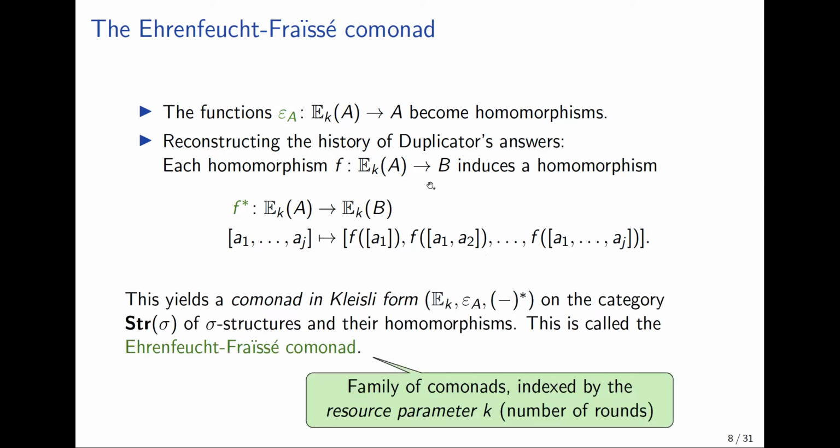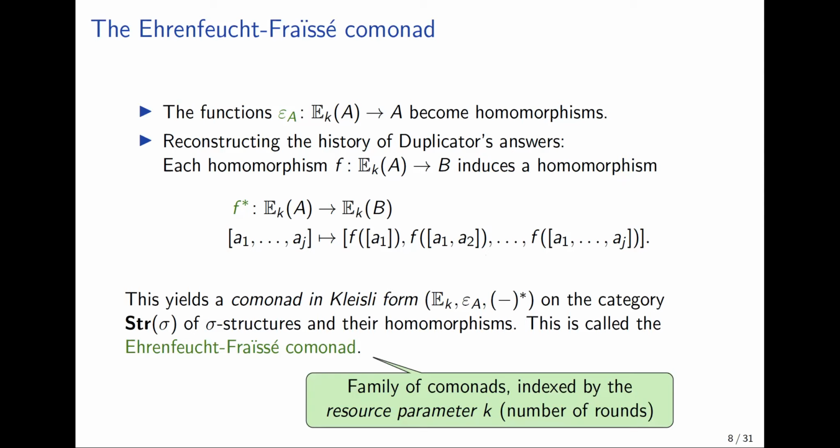Now this data, which means this E_K, which is an assignment on objects of the category of sigma structures and homomorphisms, and this family of homomorphisms epsilon_A and this coextension operation, these form a so-called comonad in Kleisli form.